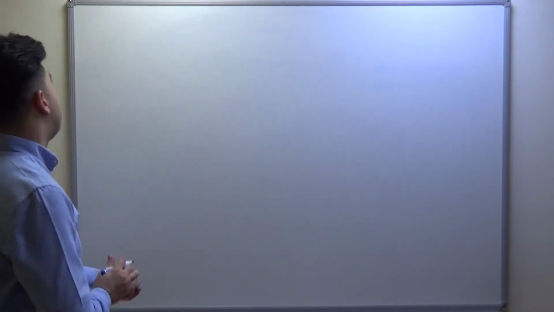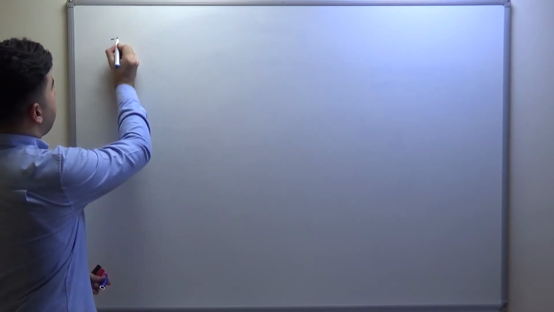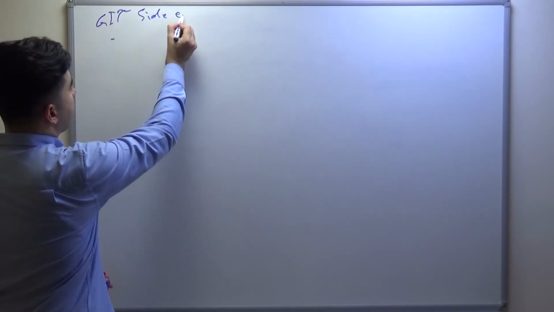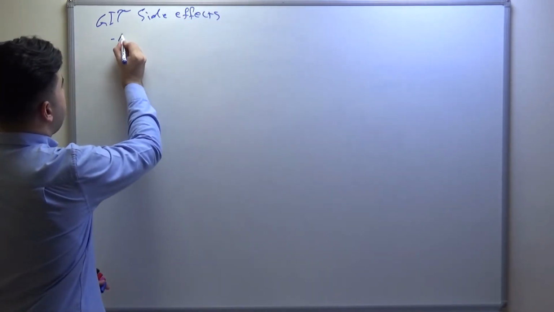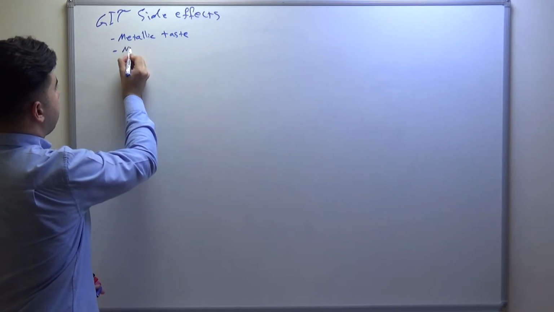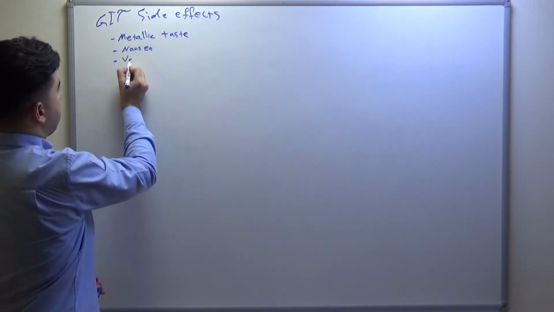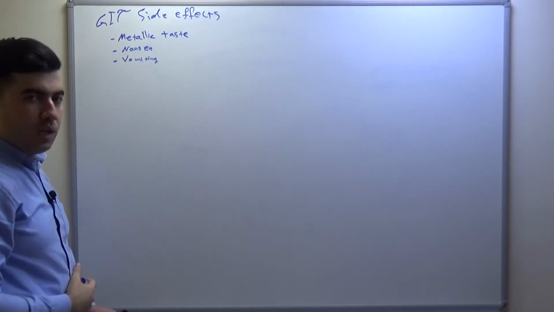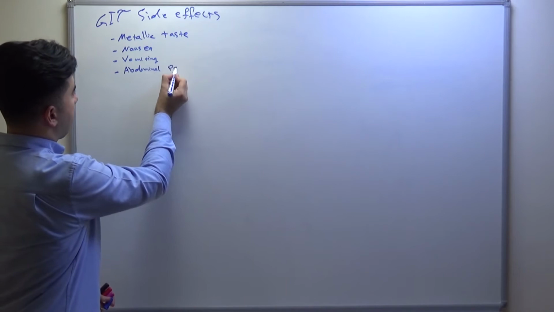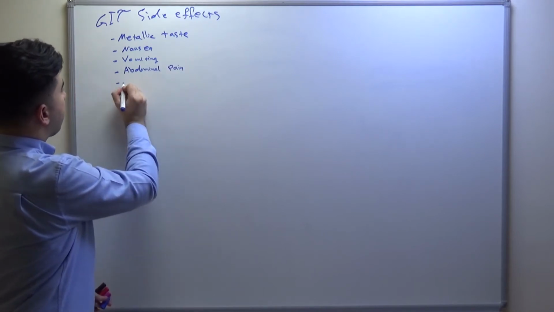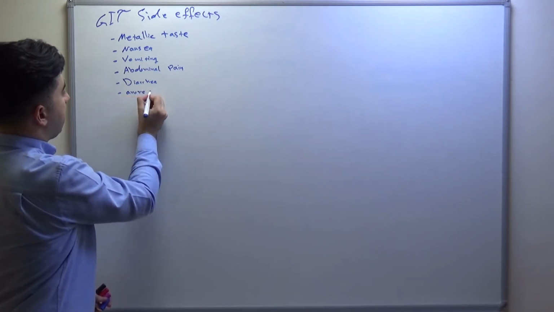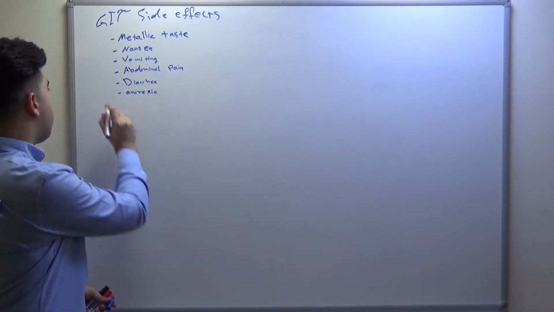These side effects include, starting from the mouth, metallic taste, then GI tract side effects: nausea, vomiting, abdominal pain or discomfort, then we have diarrhea, anorexia, loss of appetite, and also bloating.